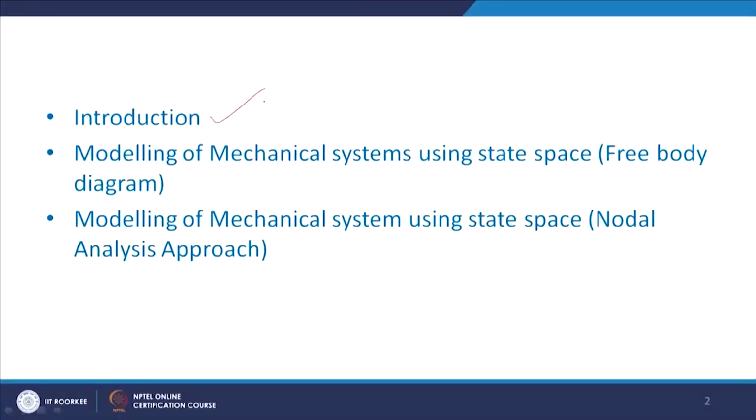Now we will see how to model a mechanical system. In this we will study the introduction, modeling of mechanical systems using state space with the free body diagram approach, and third, modeling using the nodal analysis approach. A mechanical system involves two types of motion, translational motion and rotational motion.